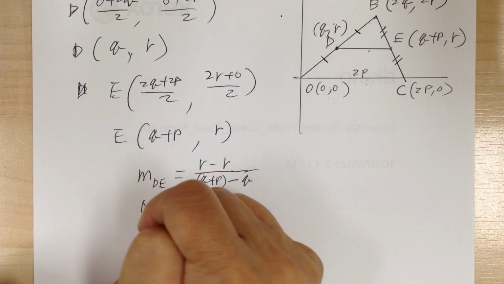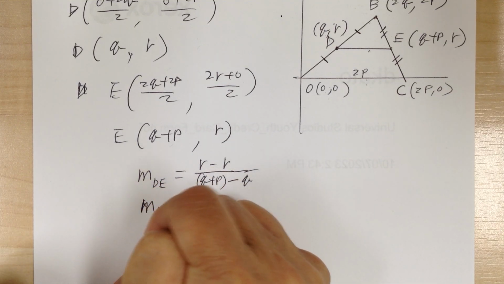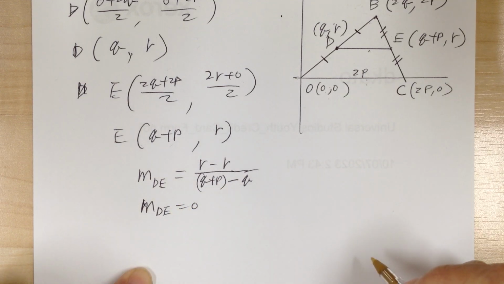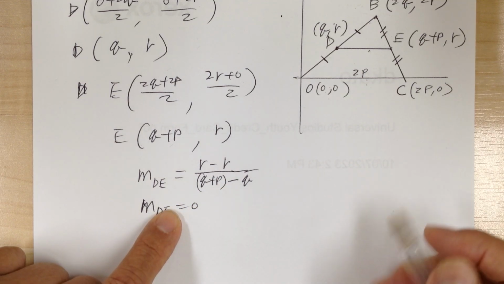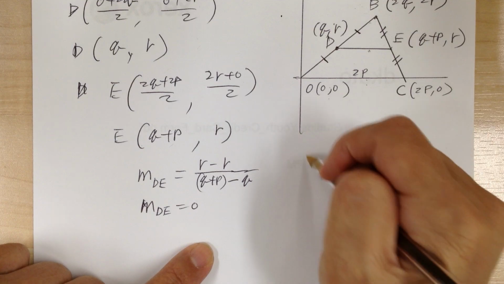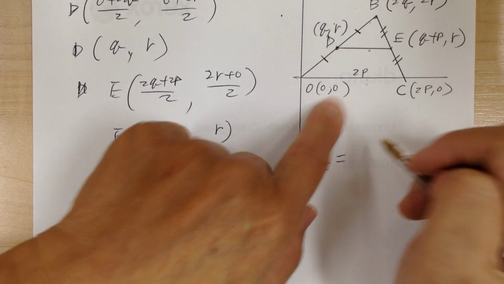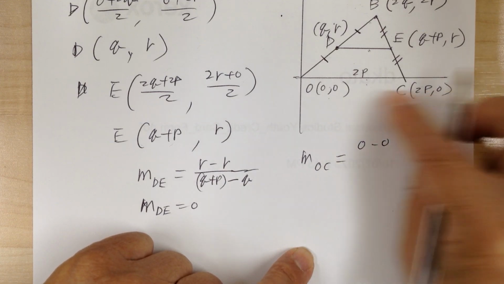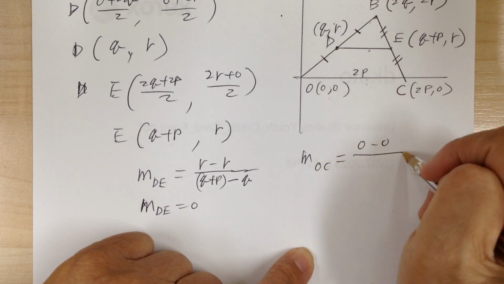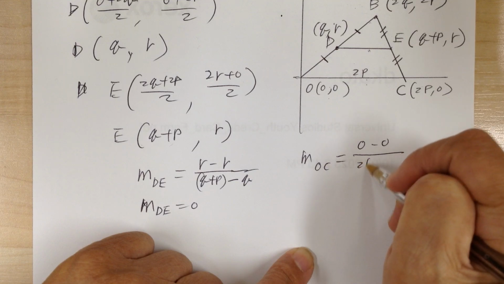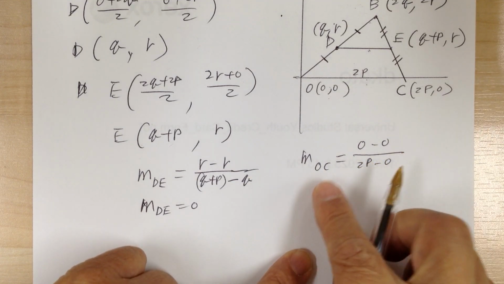The slope of DE equals 0. And the slope of OC, you're going to get 0 minus 0 over x2 minus x1. So you've got to know your slope formula.